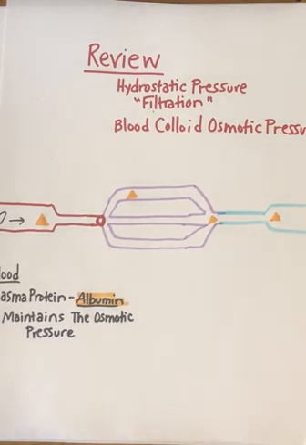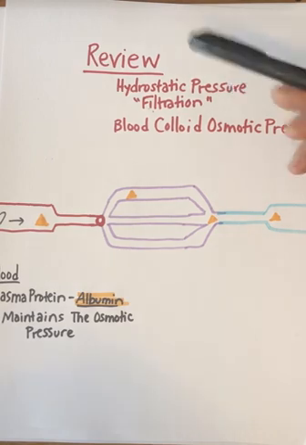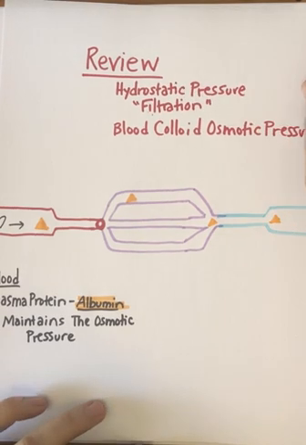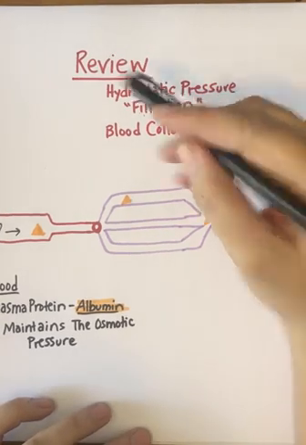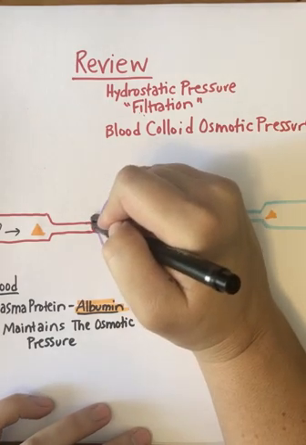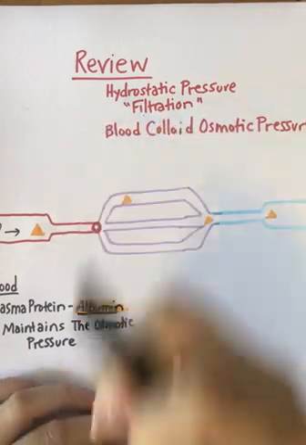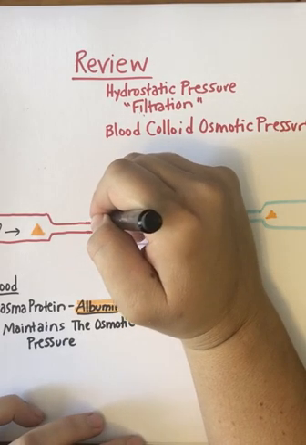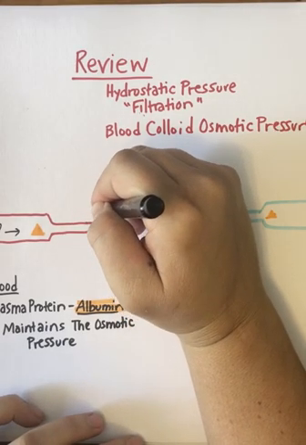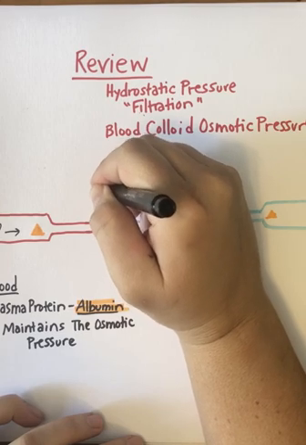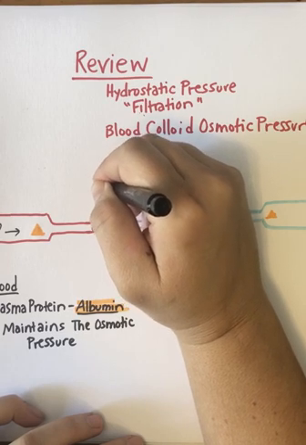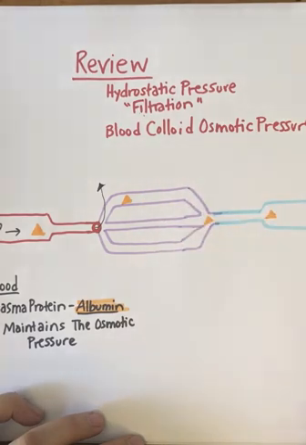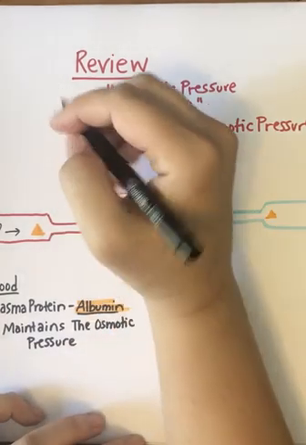Now, when we say hydrostatic pressure, another word for hydrostatic pressure is going to be filtration. So your precapillary sphincter is going to constrict, which makes pressure rise up. So at the capillary bed, this is going to cause water and all kinds of other substances like gas, because the capillary bed's the site of gas exchange, to be forced out.